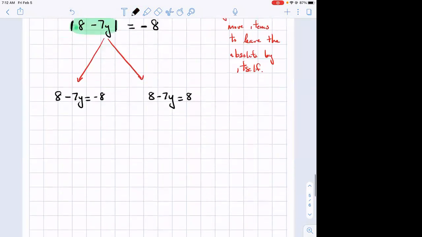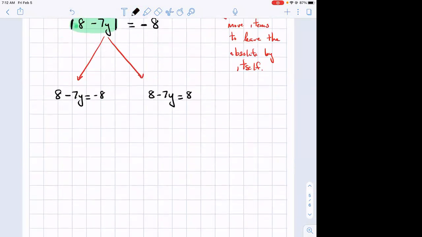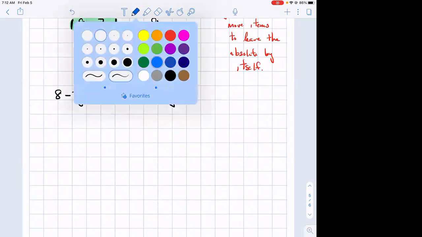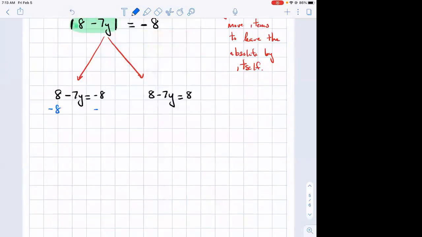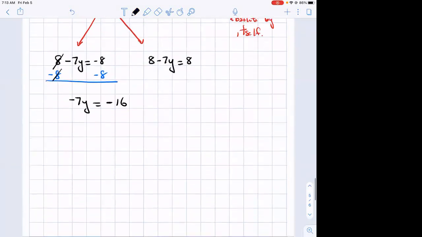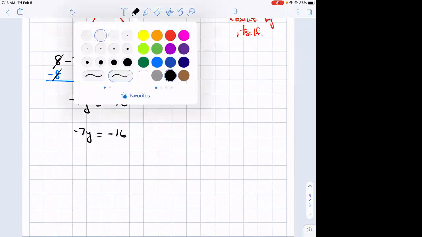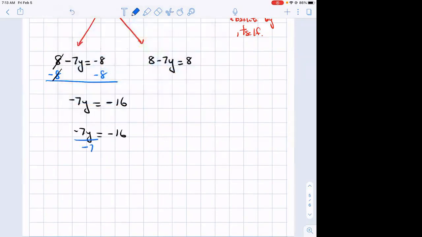Now, let's solve. So if we minus 8 on both sides, the plus 8 and the minus 8 cancel. Minus 7y is equal to minus 16. And then to leave y by itself, we'll divide both sides by negative 7.